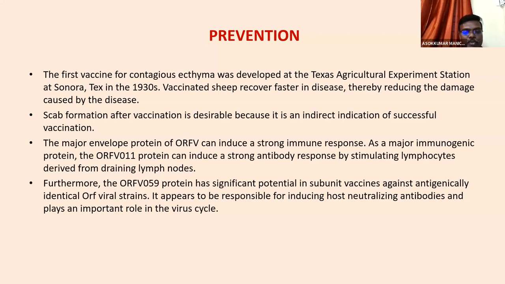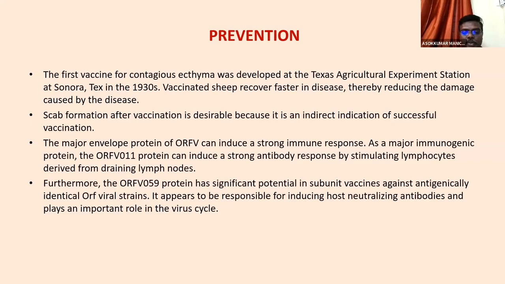The major antigenic protein of the ORF virus can induce strong immune responses. As a major immunogenic protein, ORF virus 011 protein can induce a strong antibody response by stimulating lymphocytes derived from draining lymph nodes. Further, the ORFV 059 protein also has significant potential in subunit vaccine development against antigenically identical ORF viral strains.